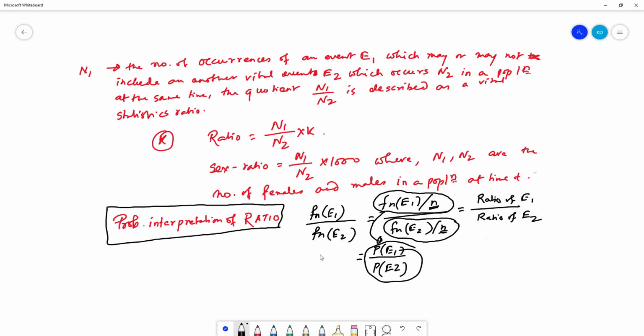So this ratio is nothing but an estimate of the ratio of probability E1 and probability E2.